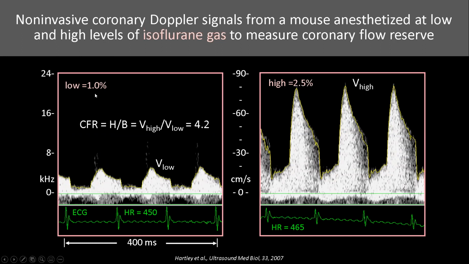From 2.5, when we drop down to 1.0, this flow velocity drops down significantly, coming to around 25 to 30 centimeters per second. Sometimes we have even seen 20 centimeters per second of velocity. We use the ratio and calculate a coronary flow reserve. This tells us that this particular mouse has a very nice coronary flow reserve.